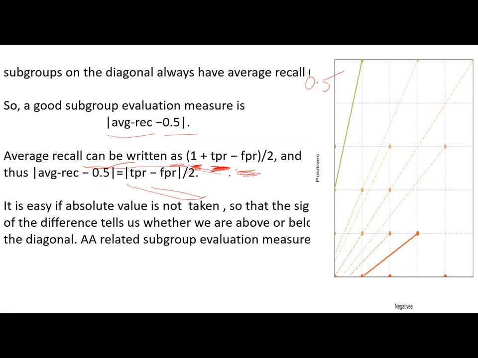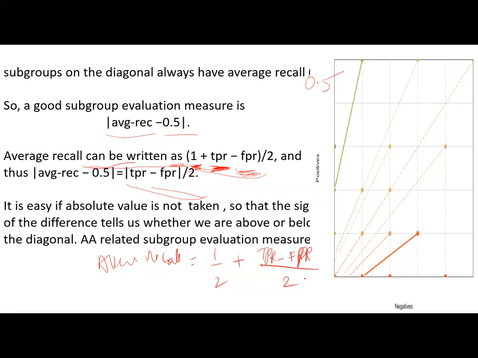This 1 by 2 can be neglected. Average recall is 1 by 2 plus TPR minus FPR by 2.